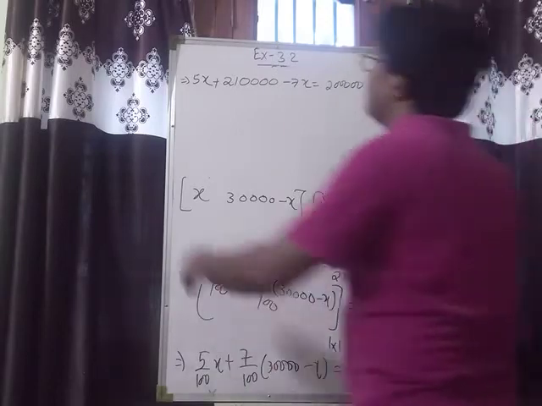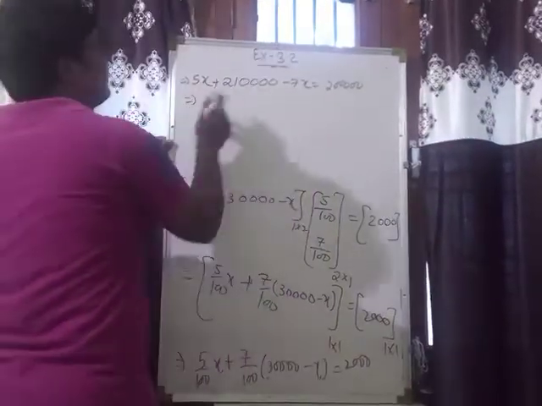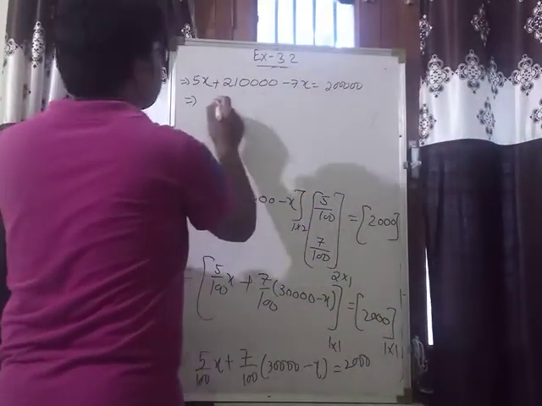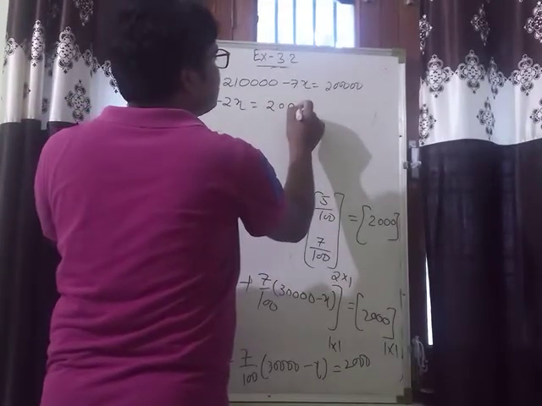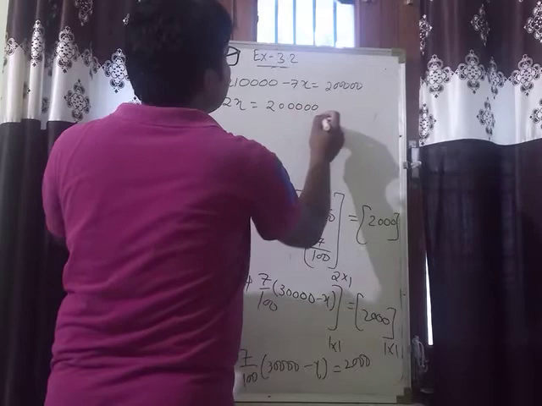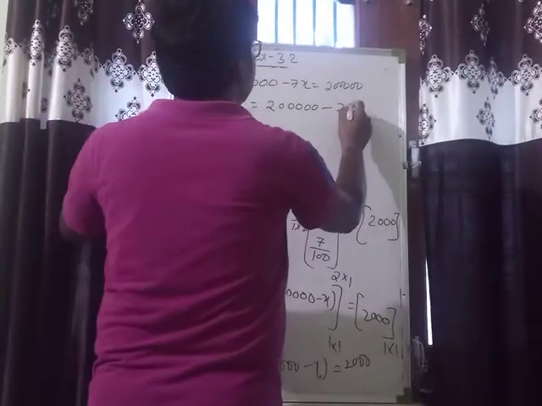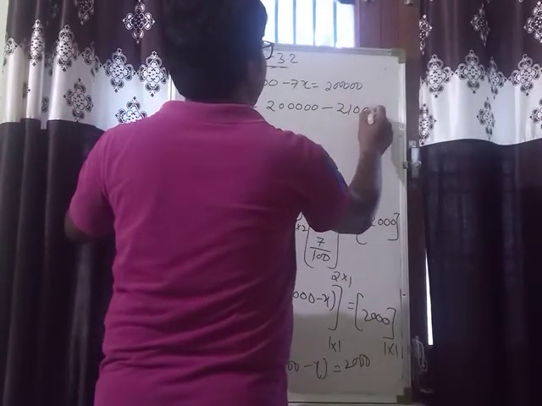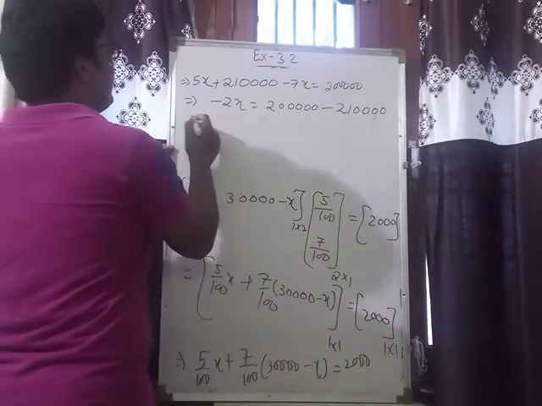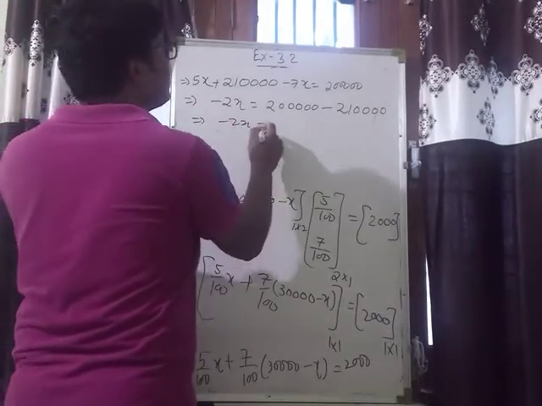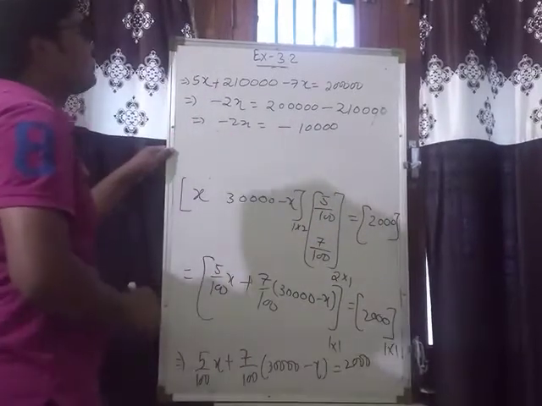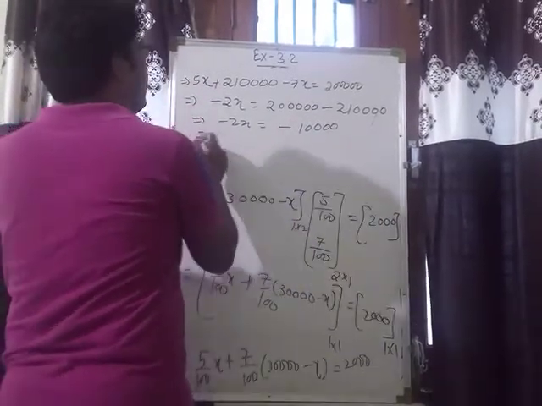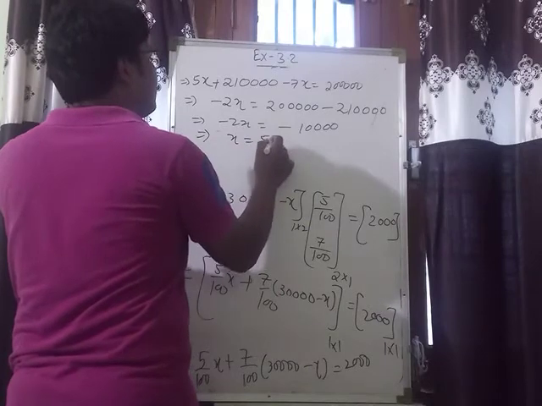Now what we have, that is 5x minus 7x, that will be minus 2x, and that is 2 lakh, actually minus 2 lakh. Okay, so we have minus 2x is equal to minus 10,000.